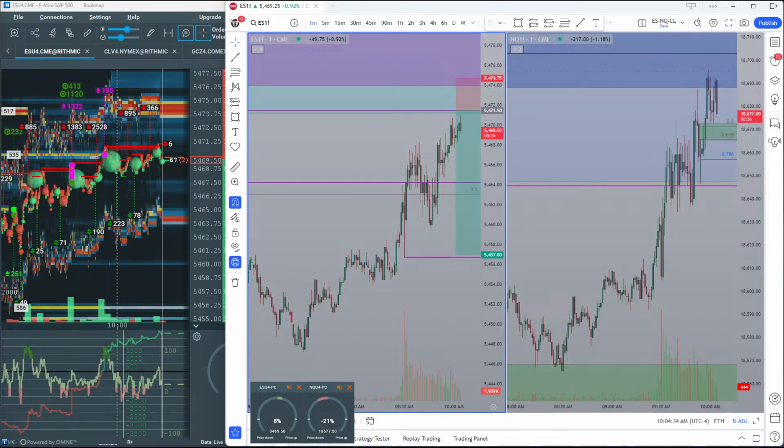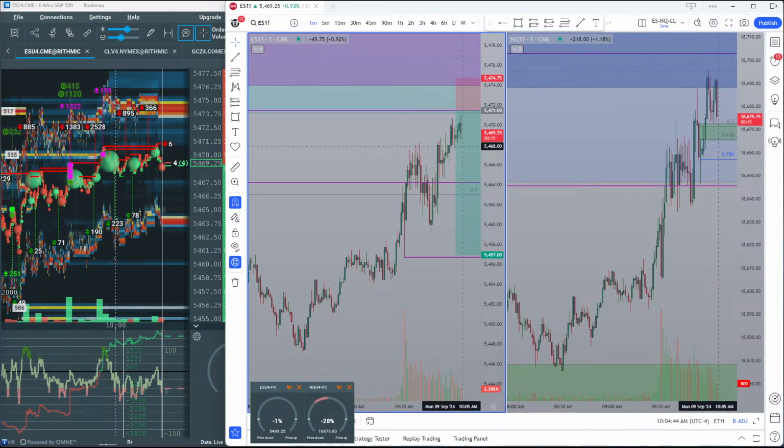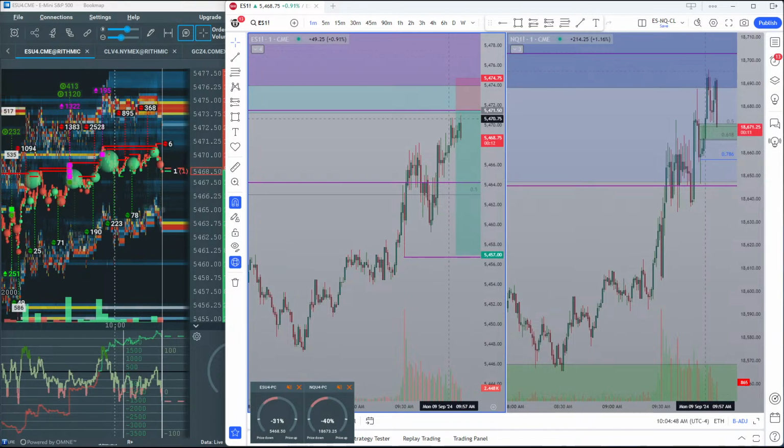Let's see. Yeah, I mean, bears still have it. Well, maybe we'll let this 1 minute close. If this 1 minute closes bearish, we'll take it.